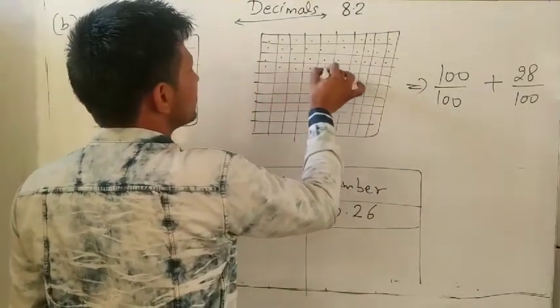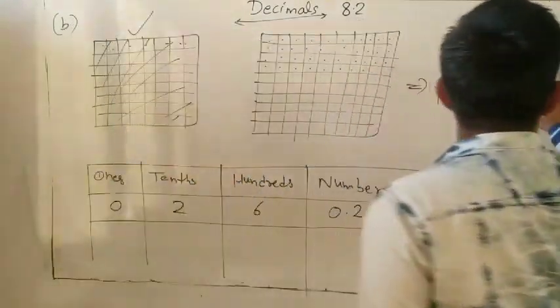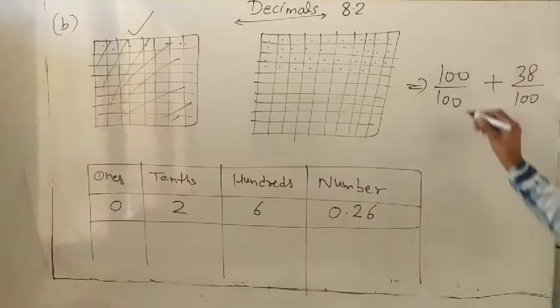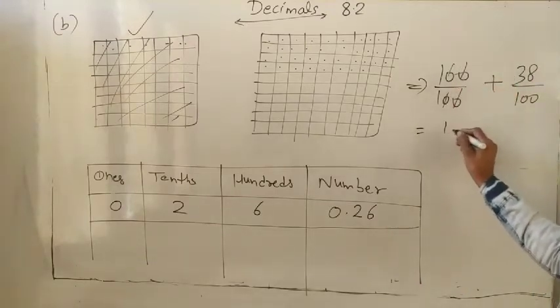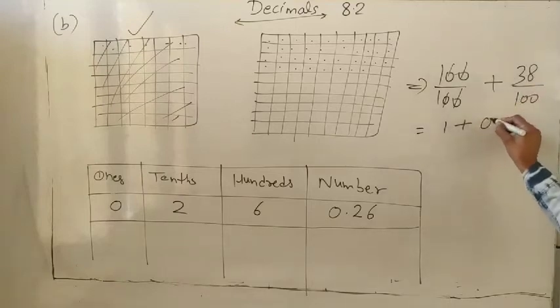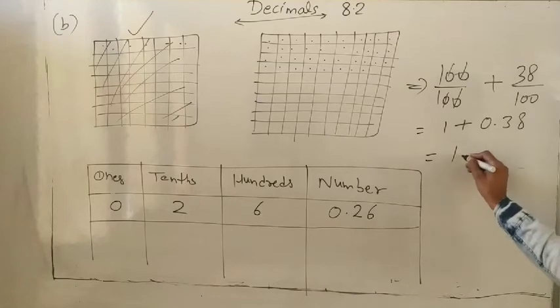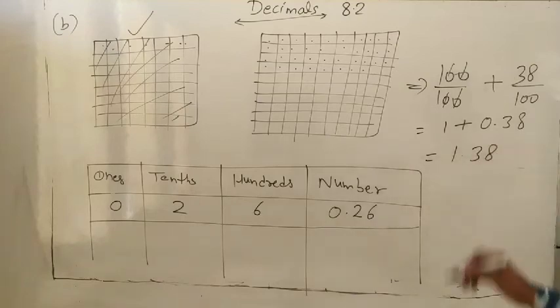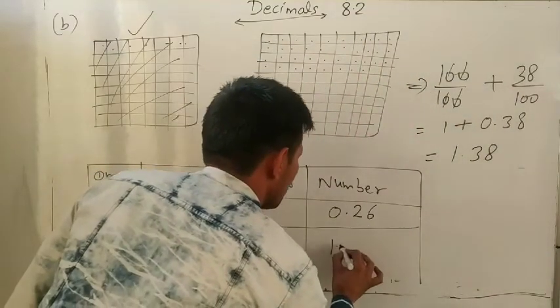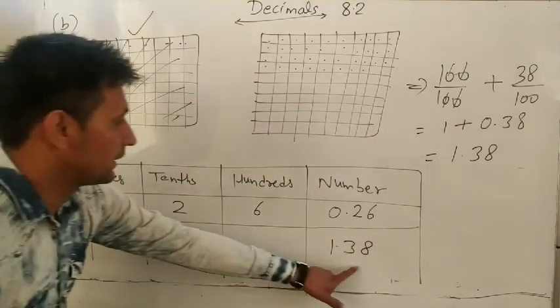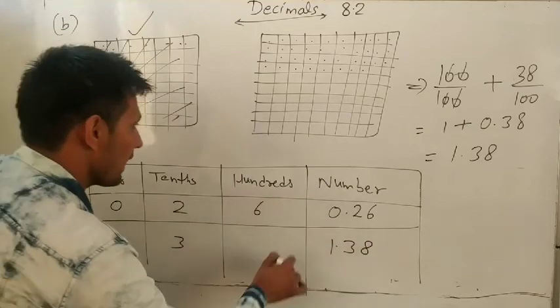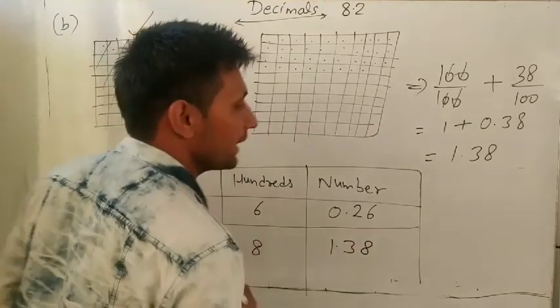So 1 plus 38 by 100 is 0.38. So what is the value? 1.38. So what is the number in B part? 1.38, so ones is 1, tenth is 3 and hundredth is 8.